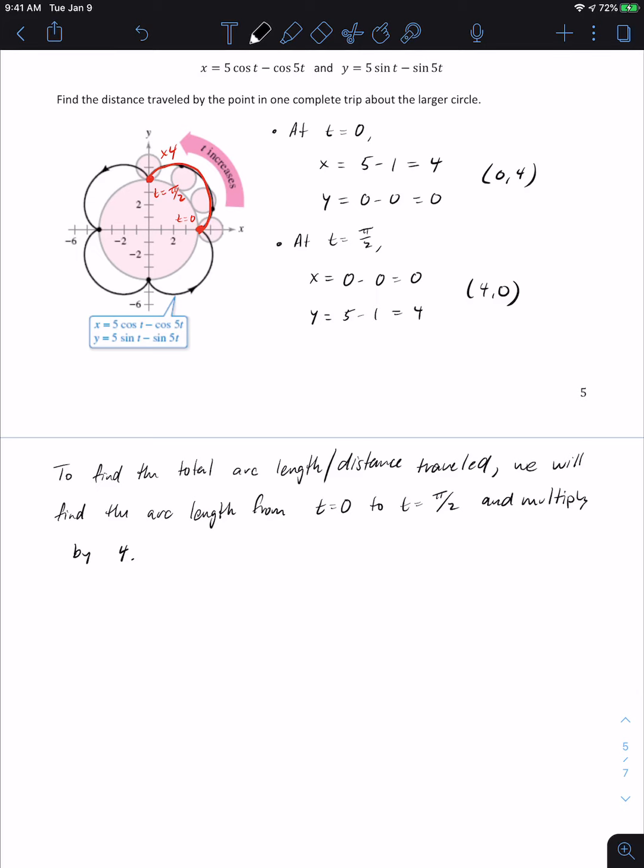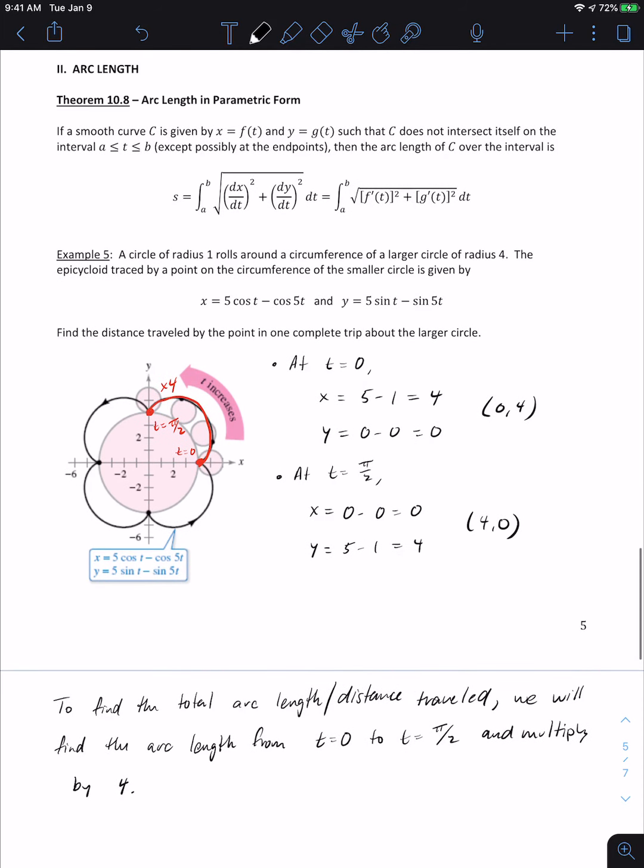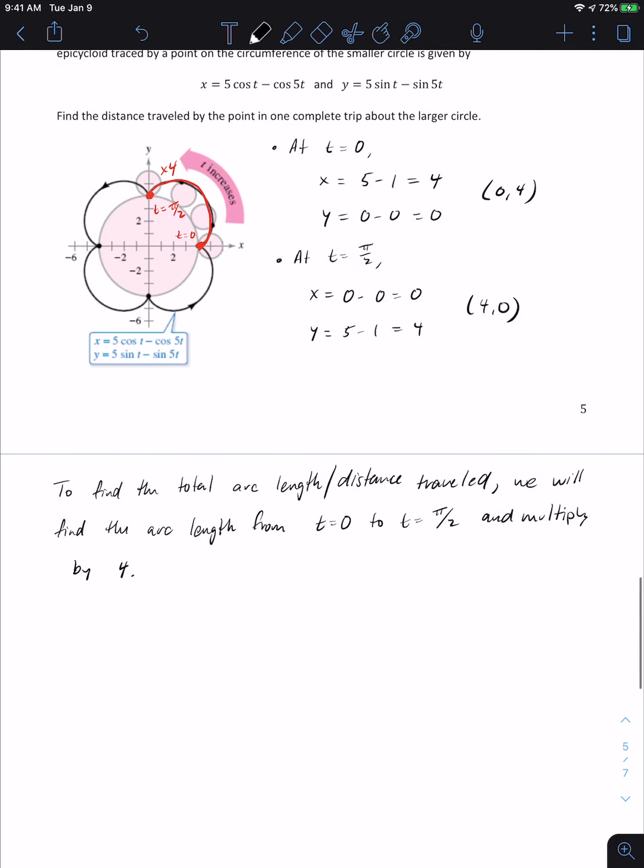Okay, so in order to find the arc length from t equals 0 to t equals pi over 2, I've got to find dx/dt squared and dy/dt squared. So dx/dt, what is that? The derivative of cosine is negative sine, so I get negative 5 sine of t plus 5 sine of 5t.